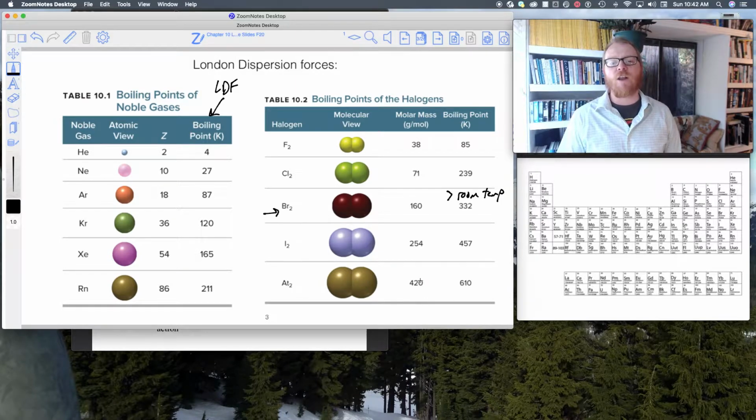And so again, this is all about the size of the atom. The bigger these atoms are, the more electrons, the more protons there are, and the more this temporary induced dipole moment, the stronger it becomes, which is basically a way of saying the bigger a nonpolar molecule is, the stronger are its London dispersion forces, okay?